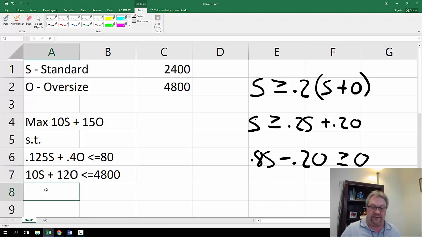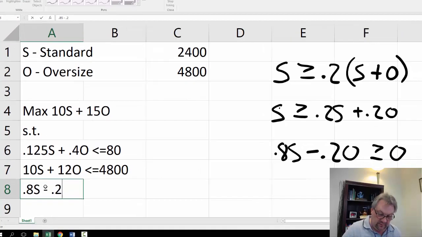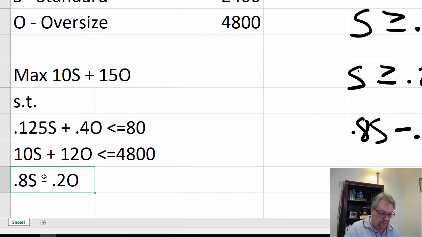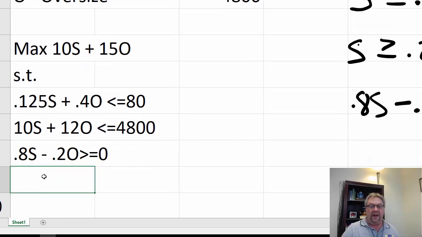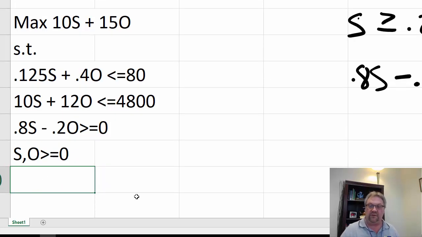I'm going to put that in here: 0.8S minus 0.20O has to be greater than or equal to 0. And then, of course, I do have my non-negativity constraint. So S, O has to be greater than or equal to 0. There is my problem.